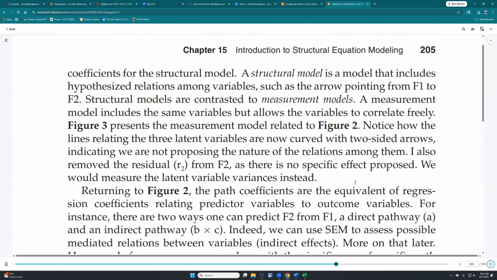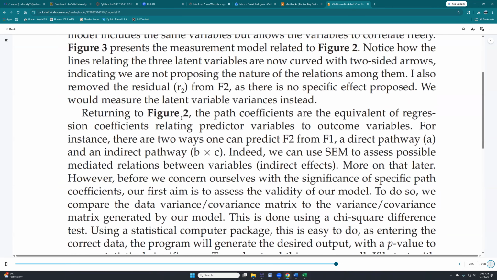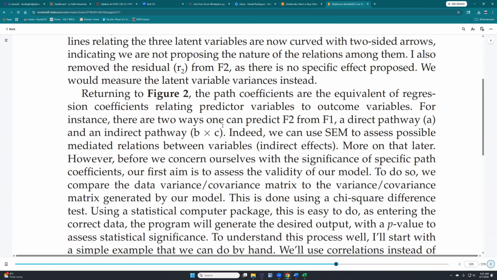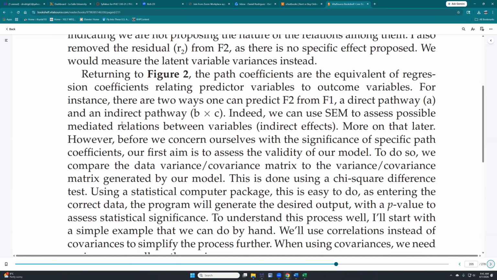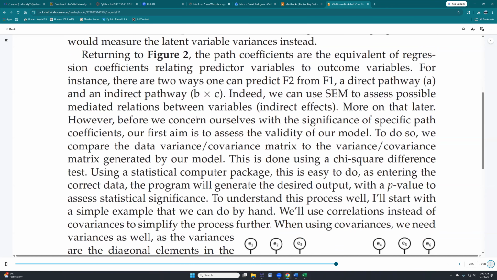All right. Returning to path analysis, the path coefficients are equivalent to regression coefficients relating predictor variables to outcome variables. For instance, there are two ways you can predict F2. We saw that, right? From F1, a direct pathway, which was indicated by path A, and an indirect pathway.